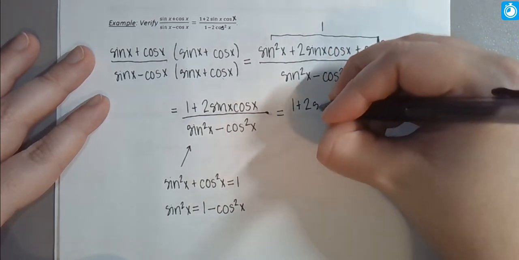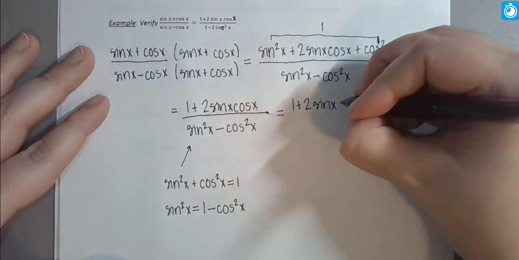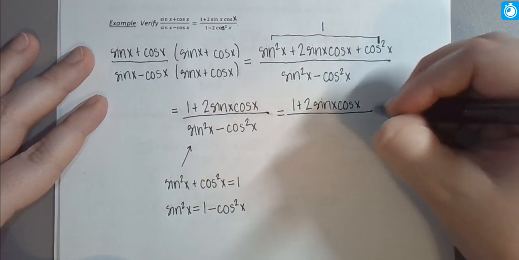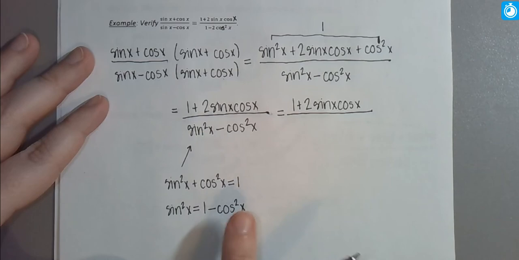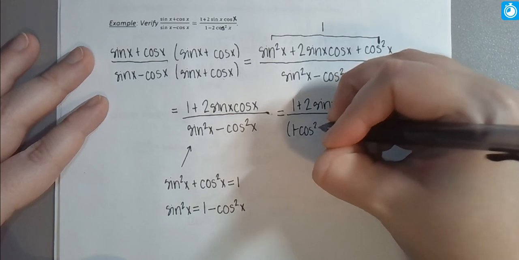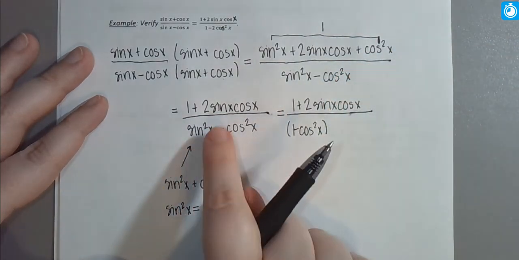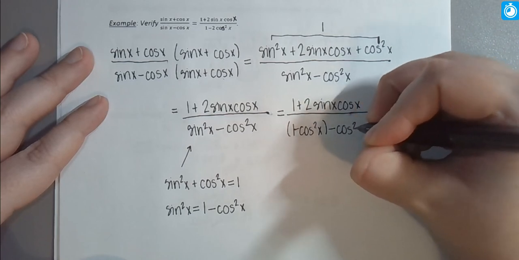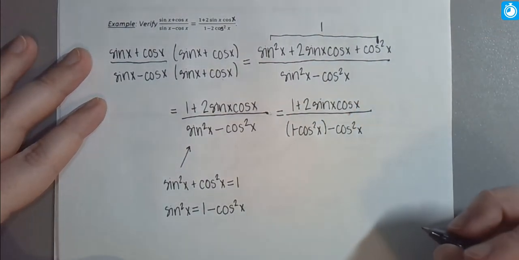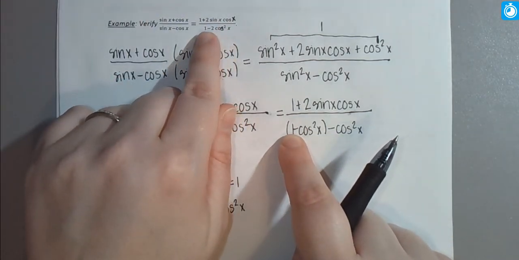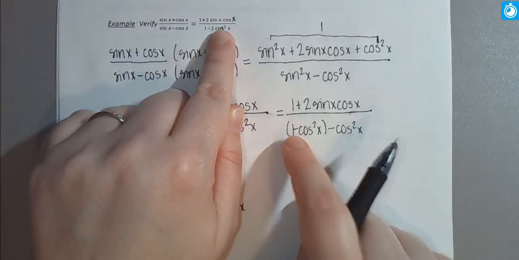And again, our numerator is right where we want it to be, so we're not going to do anything else with the numerator. We're going to leave that as is. But our denominator, in place of our sine squared, we're going to put that rearranged version of our identity relationship, 1 minus cosine squared. And then we already have the other negative cosine squared. Well, we have the 1 that we want, and we wanted negative 2 cosine squared.